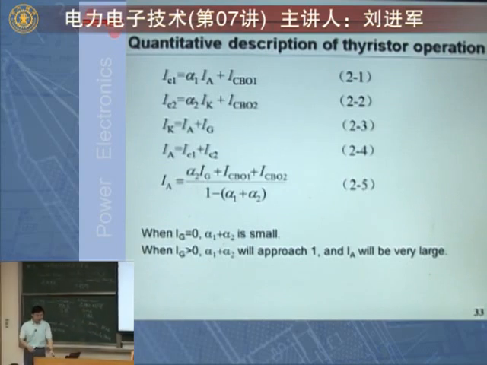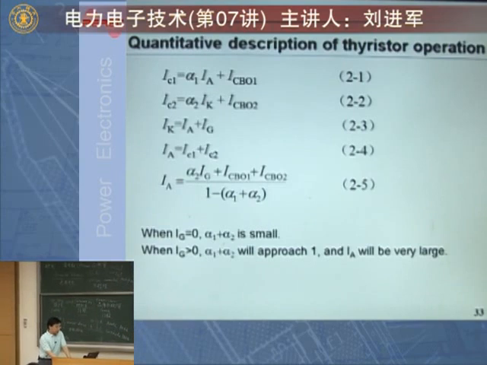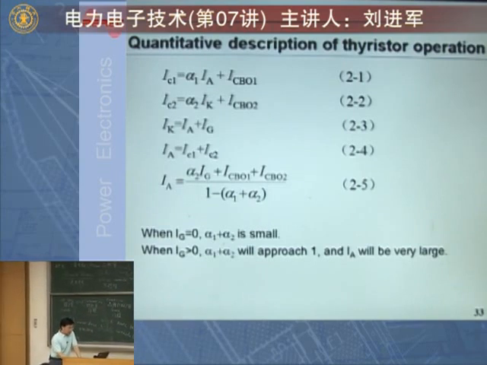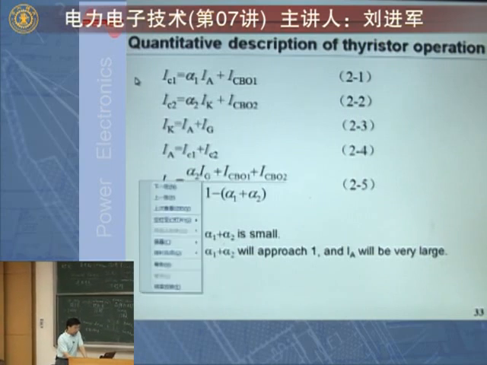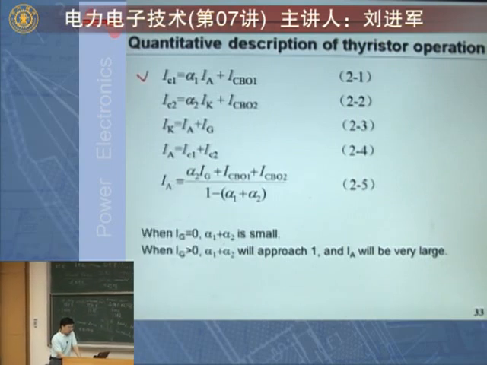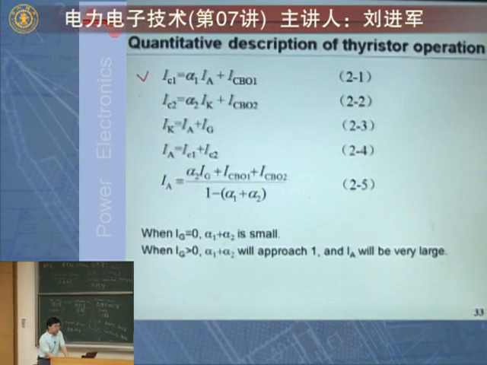If you still remember, for transistors V1 and V2, we can write out an equation like this. For V1, you have equation 2-1. For V2, you have this equation.